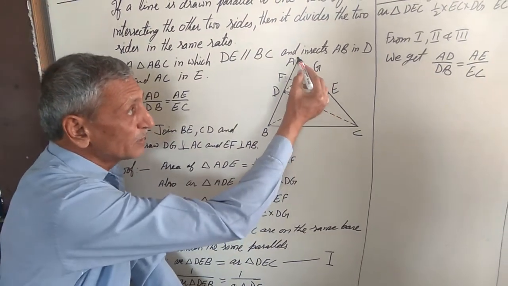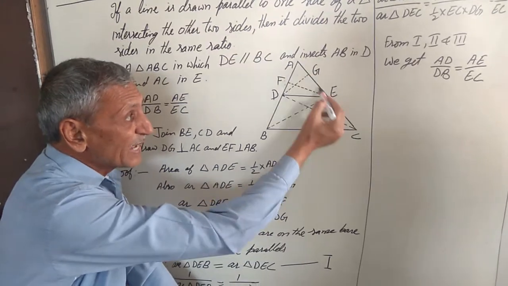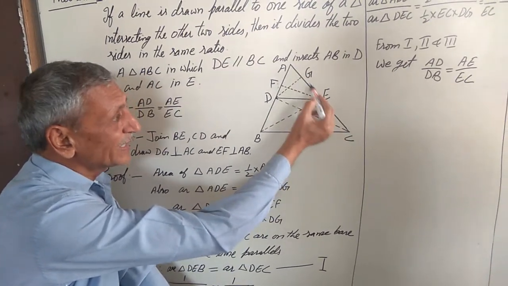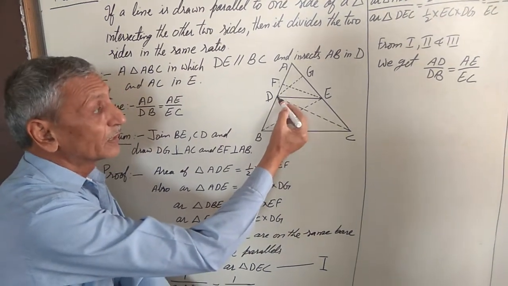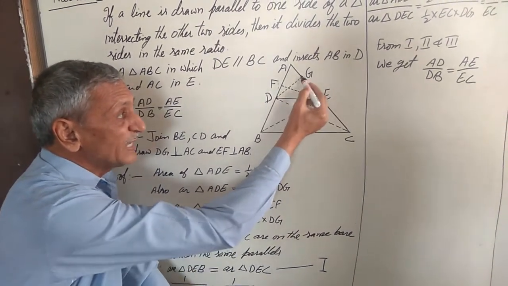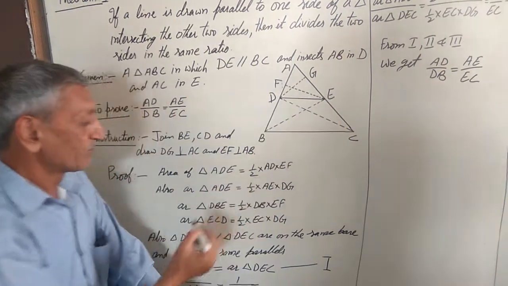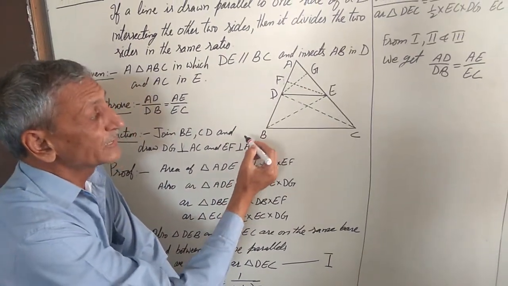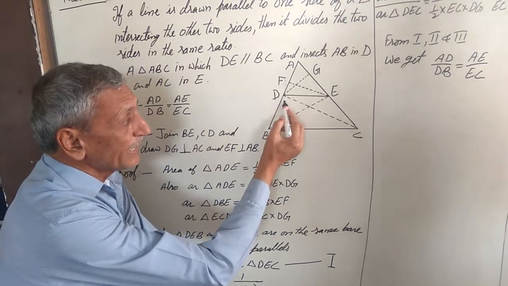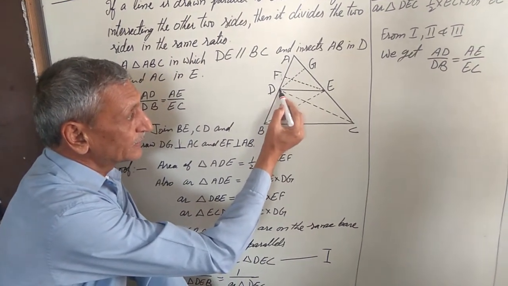But when you take this as base, in that case it is also half into DZ into AE.